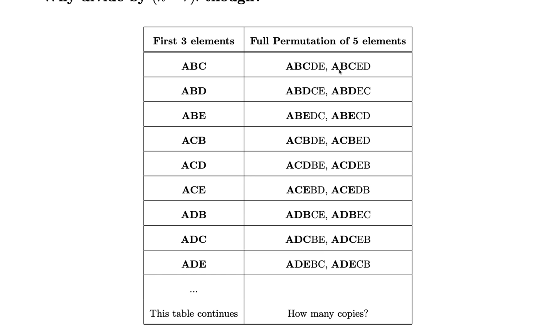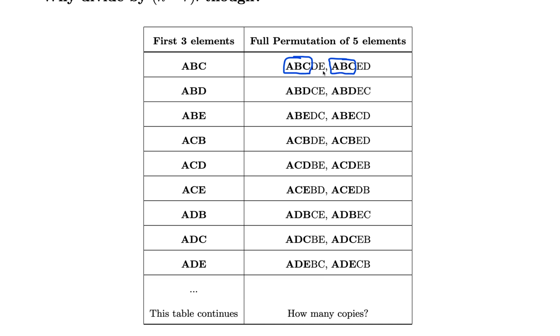But in the case where you're only taking 3 at a time, then that means that this ABC actually has the same first 3 letters. And so in essence, when we cut off the last 2 letters, then we actually have the same arrangement, ABC, in that order, which is important.